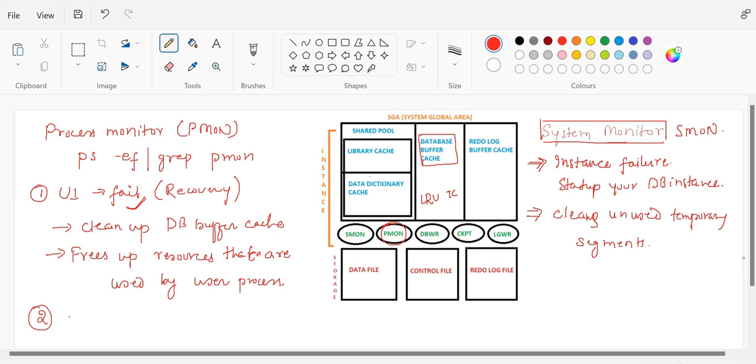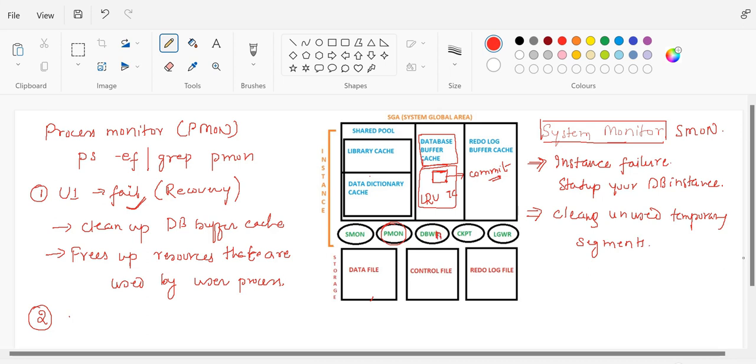And in this, what happens: whatever block or buffer is present under the database buffer cache, if this block or statement is being committed, it should be written to the disk to make the changes take effect. So whose responsibility is it to write all the changed buffers, all the committed buffers to the disk? It's the responsibility of DBWN.